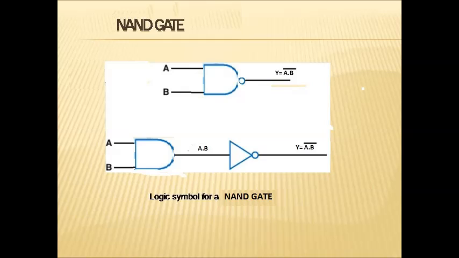In the second diagram, it is a simplified version where we represent an AND gate and a NOT gate separately. When we draw the diagram of a NAND gate, we use the first diagram, the combinational circuit. A and B are two input lines. It produces output Y is equal to A dot B the whole bar.